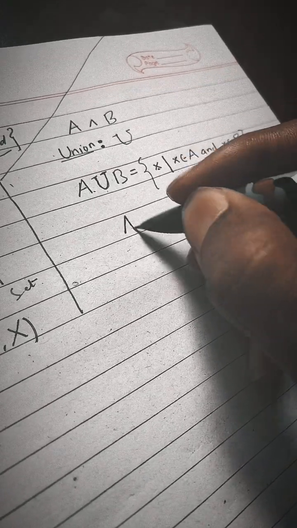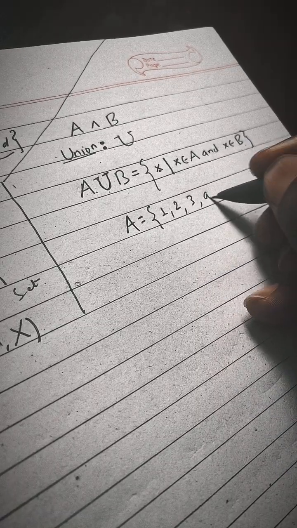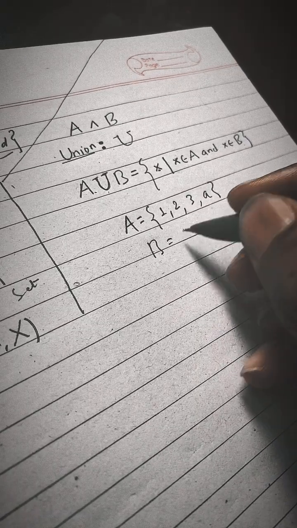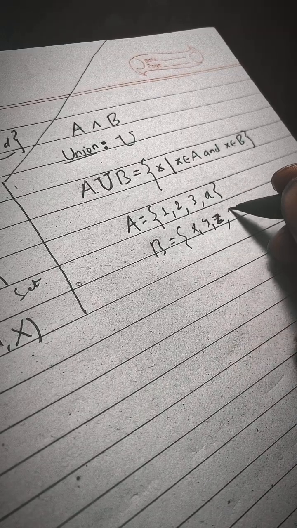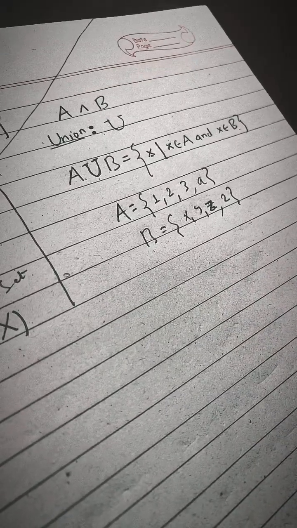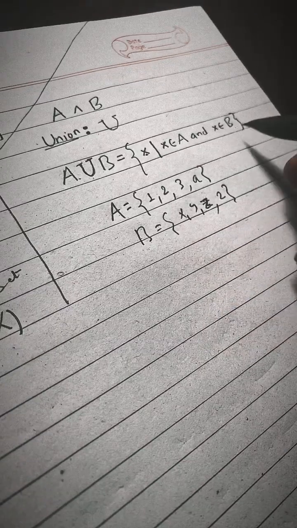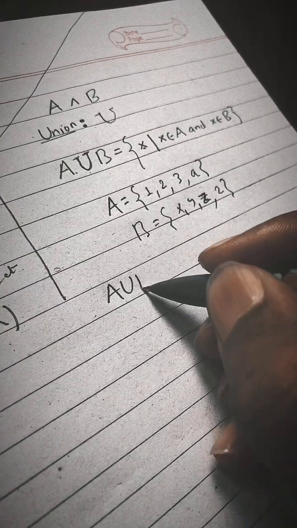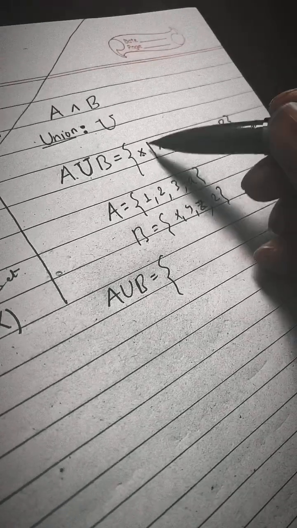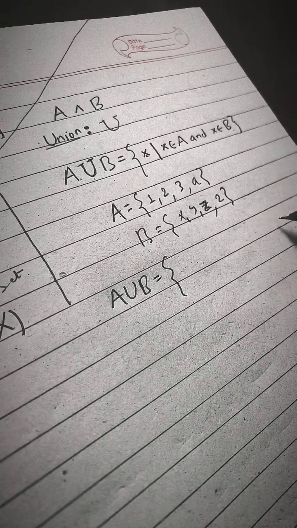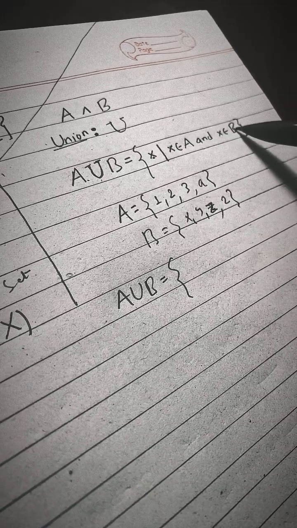An example could be A equal to {1, 2, 3}, and B is the set {x, y, z, 2}. So what is the union of these two sets? Union means, using these definitions, it is going to contain some elements x, and those elements must belong to A and B both.